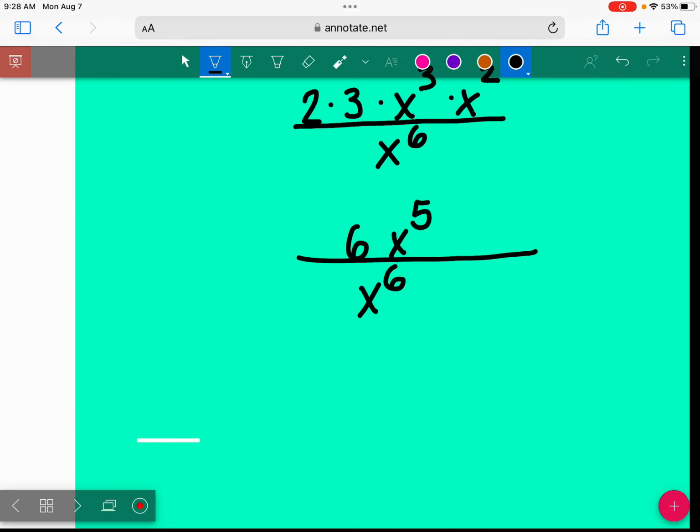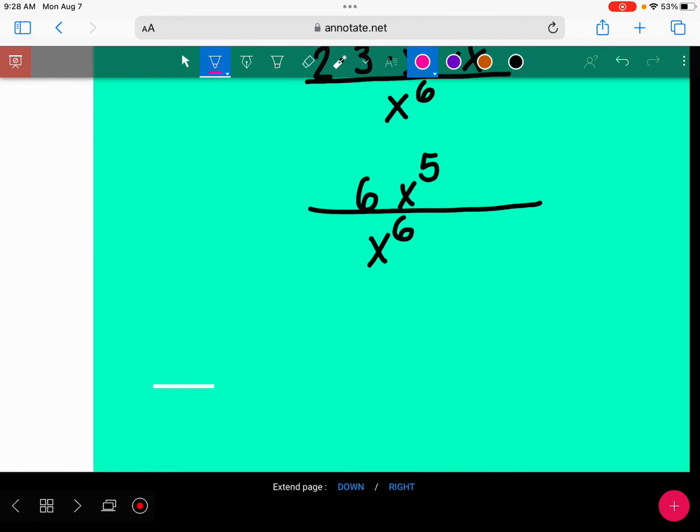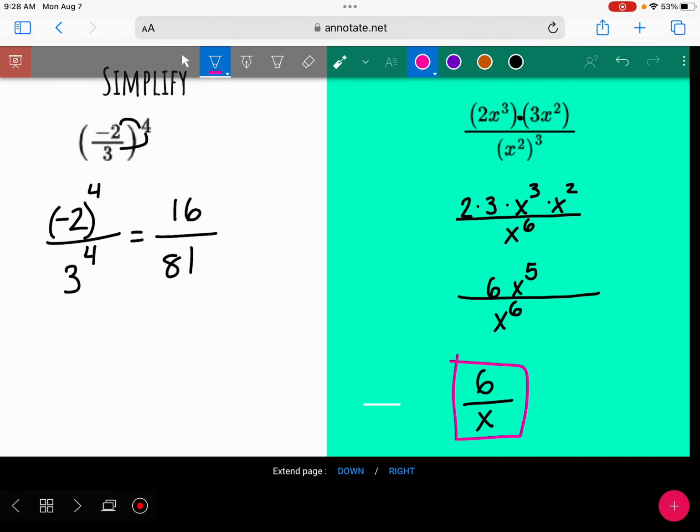I will leave the next step above it. 6 over x. Yeah, because I have 5 x's on the top, 6 x's on the bottom. So we're going to wind up with 6 over x. And this is our simplified answer.